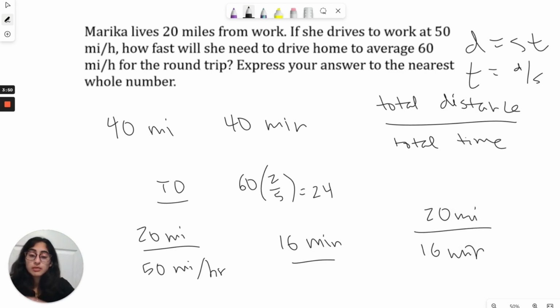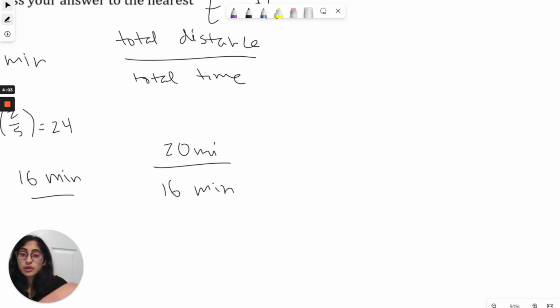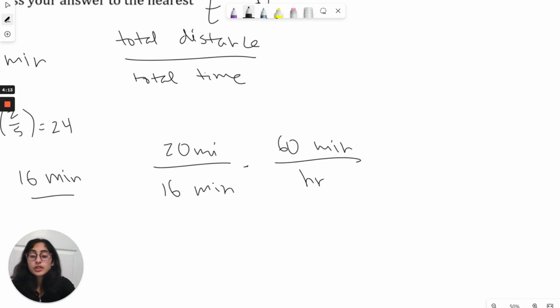So if it's 20 miles per 16 minutes, and we have to express this as miles per hour, we just have to convert our minutes to hours, right? So we're going to multiply by the conversion factor of 60 minutes per every hour. And so we get 20 over 16 first off.